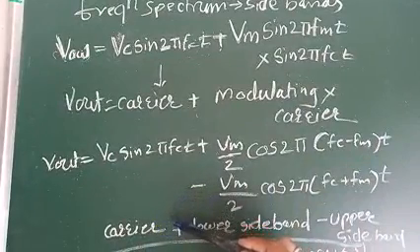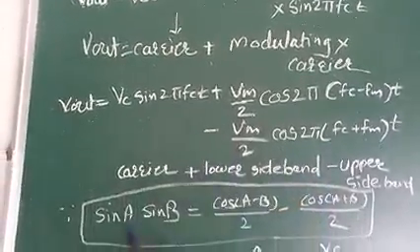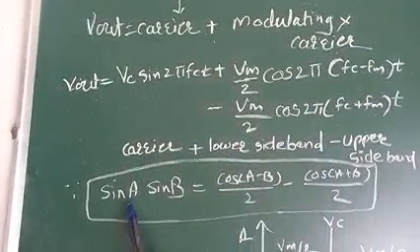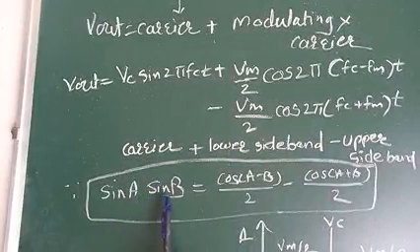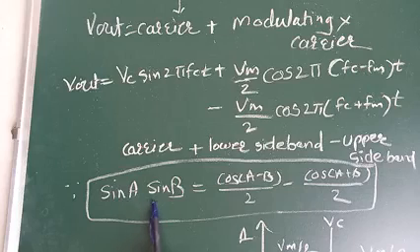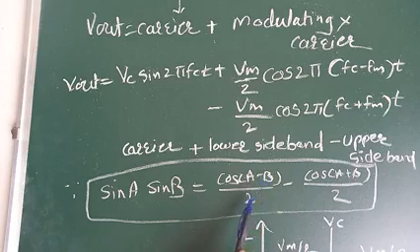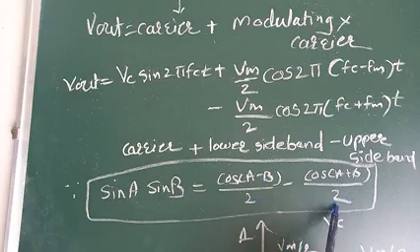Carefully observe: sine A into sine B. This is a trigonometric equation, you know this already. It can be written as sine A into sine B is equal to cos of A minus B divided by 2 minus cos of A plus B divided by 2. This is the trigonometric identity.